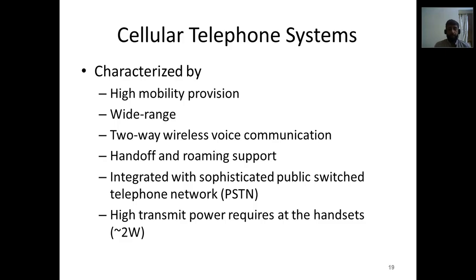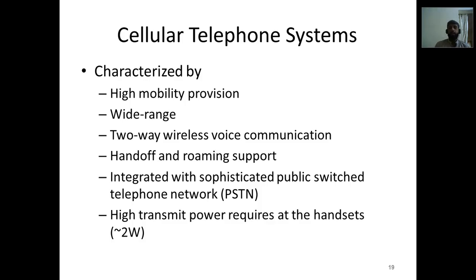Similarly, we need handoff and roaming support in these services, because users may move from one cell to another, and eventually their call has to be transferred from one base station to the other. We need to integrate this cellular architecture with the PSTN, which is generally established at the MSC.